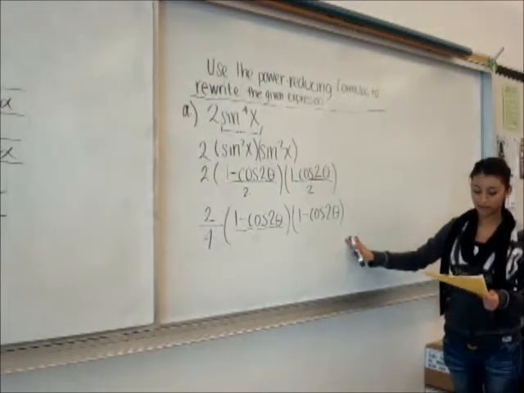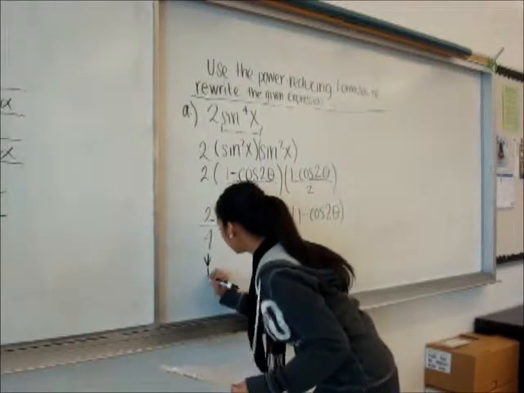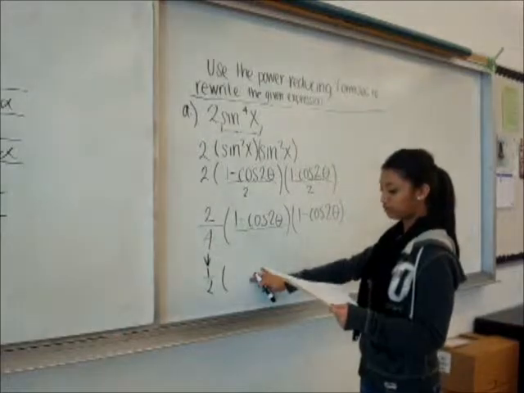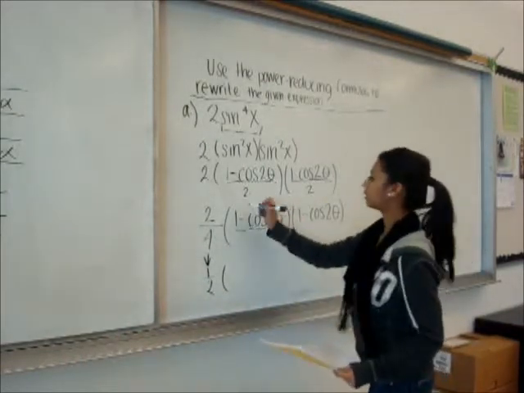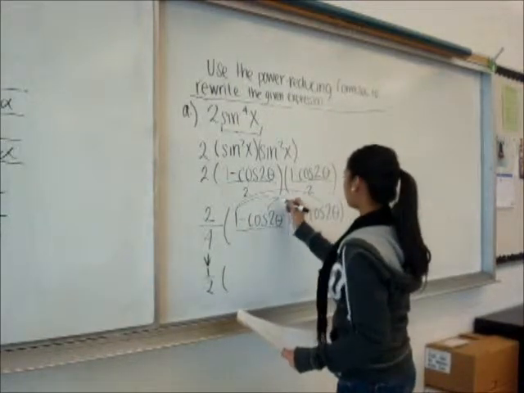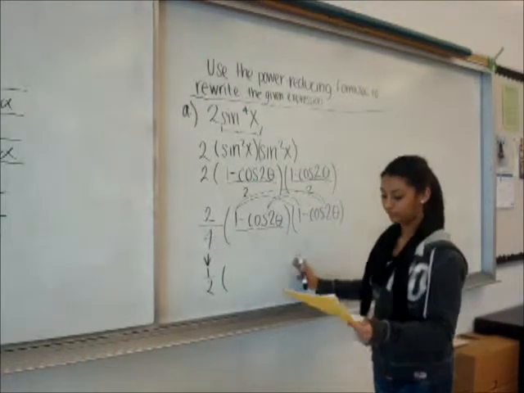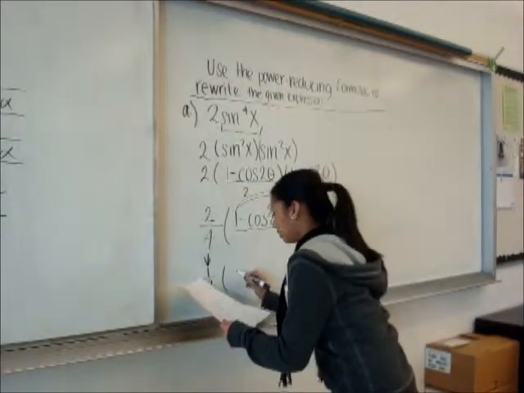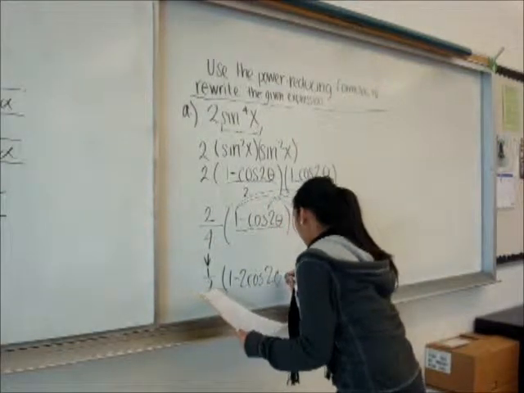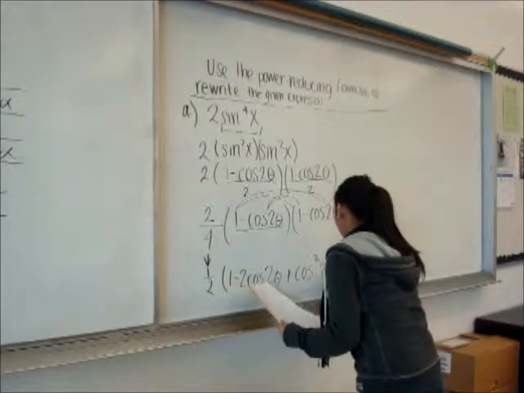Now from this step, this changes into 1/2. And you then FOIL this out completely. So you multiply the first, the outer, the inner, and the last. You simplify this, and it becomes 1 minus 2 cosine of 2 theta plus cosine squared of 2 theta.